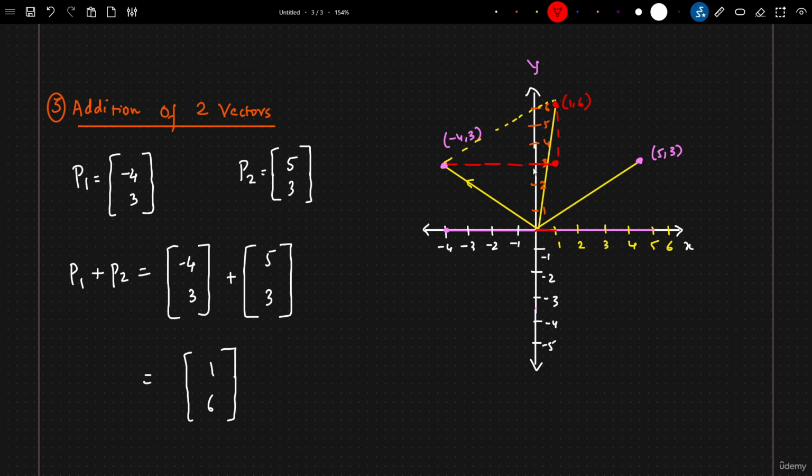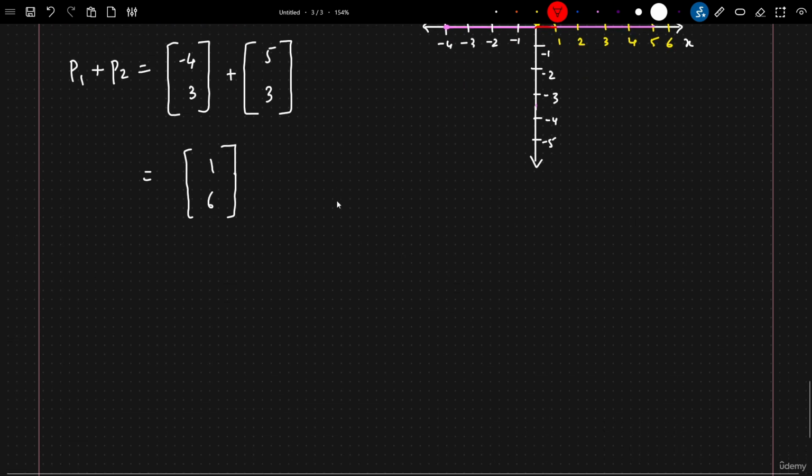Now you can do the same operation for any number of dimensions. Let's say I have a point which is given by a vector represented by x1, y1, z1, and let's say I have my b point which is represented by x2, y2, z2.